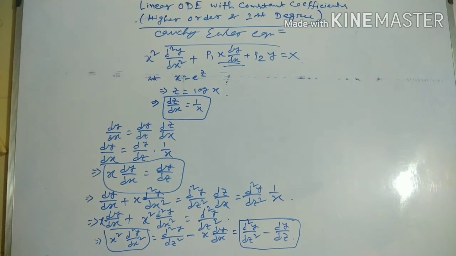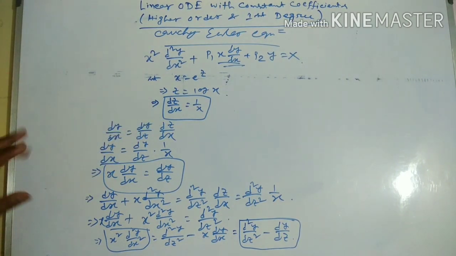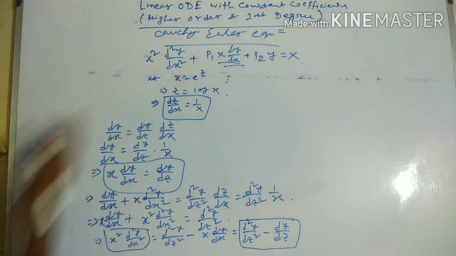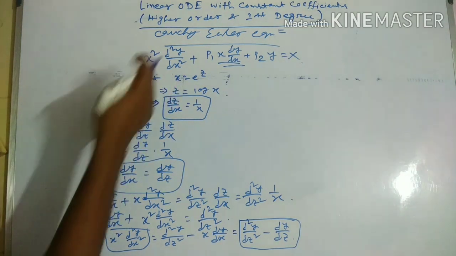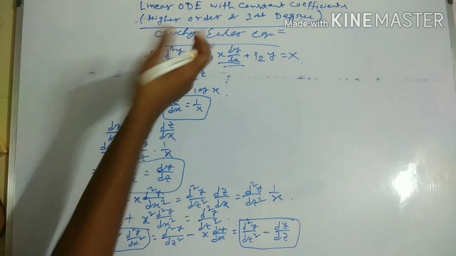Then you will see that there will be no variable in the coefficients. The equation will be converted into a linear ODE with constant coefficients, and the independent variable will be changed from x to z. Now we will put these values in this equation.